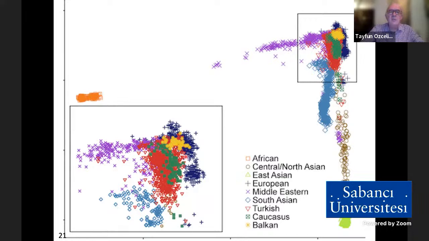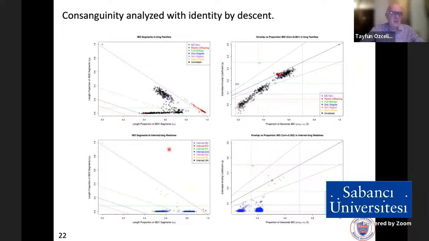And you see that Turkey, like our geographical location, which is like a bridge between Asia and Europe, we have overlap with the European populations, and we are intermixed with the Balkans and the Caucasus regions. So we have overlapping with different populations.